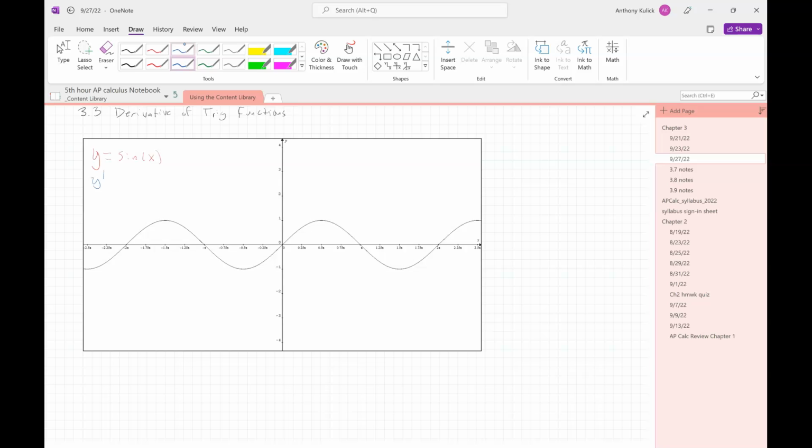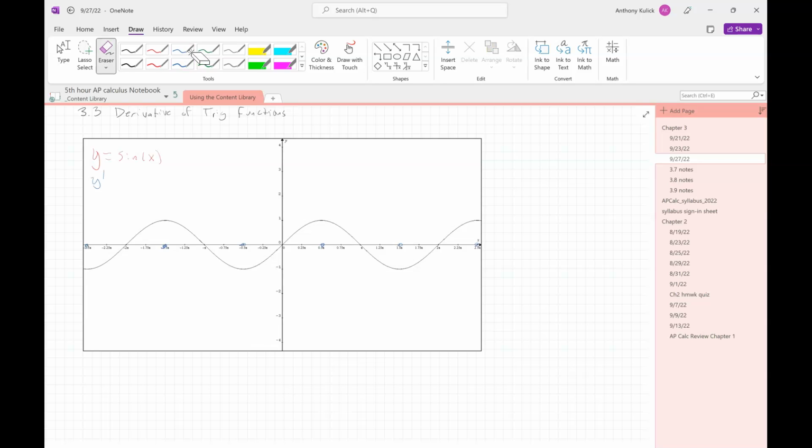At each of the maxima and minima, the humps or the troughs, what's the derivative going to be? 0, right? At every one of those spots, my derivative is going to be 0.